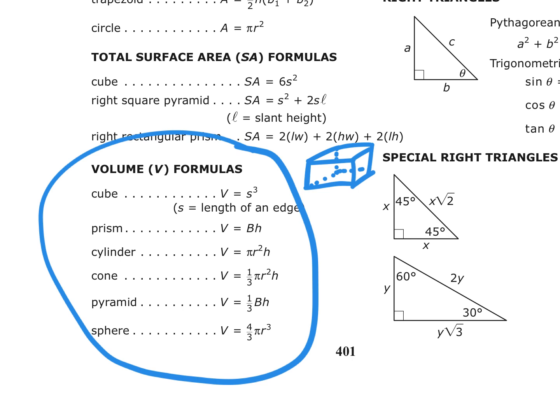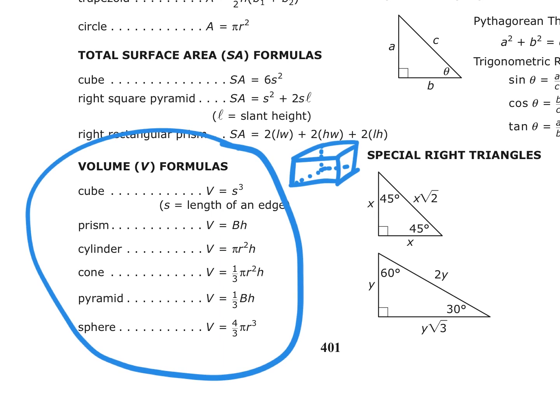A prism can either be rectangular or triangular. So a rectangular prism is going to look like a box, but it's going to have more of a rectangular shape.